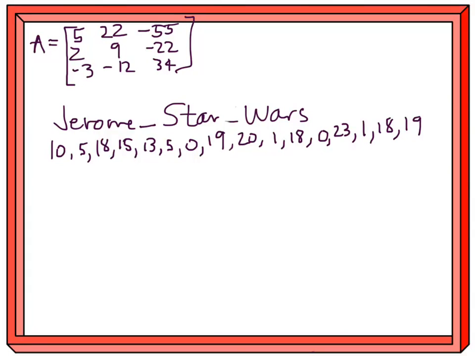So if I am using the instructions, then I would just create a vector matrix of just the first 3 terms, which is 10, 5, and 18. So then I would use my calculator to multiply those things out to get my new encoded numbers.